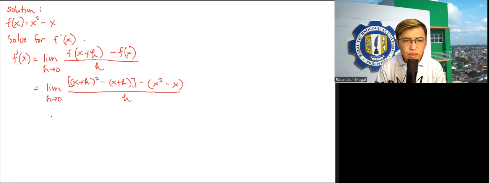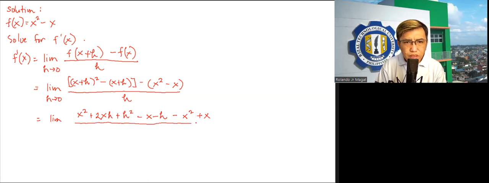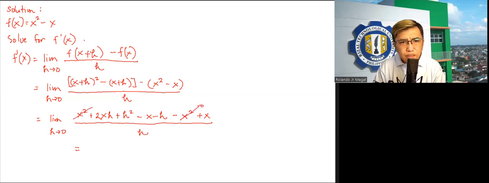As h approaches 0. Then let's expand x plus h quantity squared. What we have is the limit of x squared plus 2xh plus h squared, then subtracting the second term, which is minus x minus h, minus x squared plus x, all over h as h approaches 0. We can cancel out x squared, this is 0.